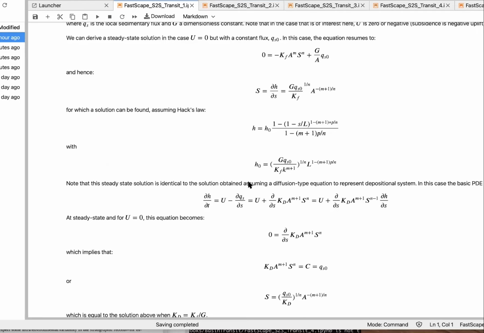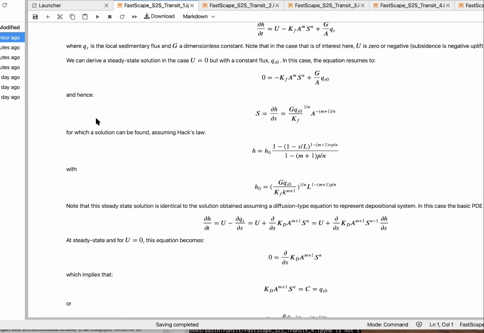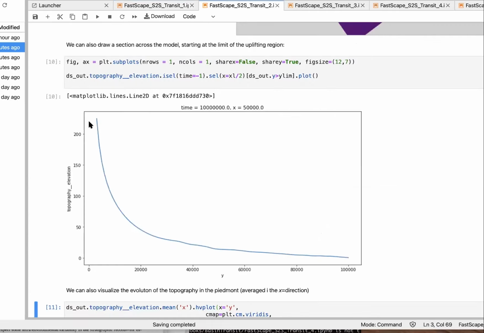Now, in this approach, I've made the model such that there is no mountain. I have a sediment flux coming in, but I don't have a big mountain. So what I have here is a sediment flux that I am imposing.